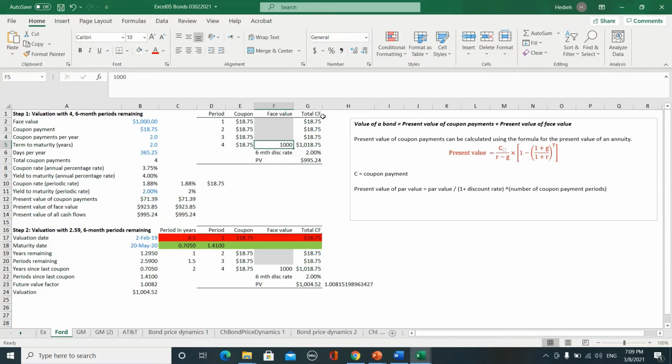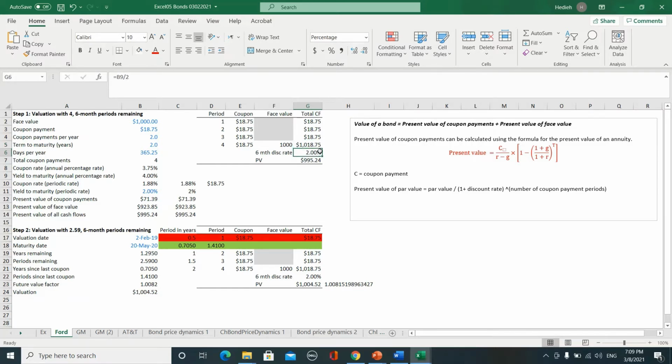So find total cash flows for this bond. In period 1, at the end of the first 6-month period, you only receive a coupon payment of $18.75. In period 2, you will receive the same amount. In period 3, you will receive the same amount. And in the last period, not only will you receive your coupon payment, but also $1,000 in face value.